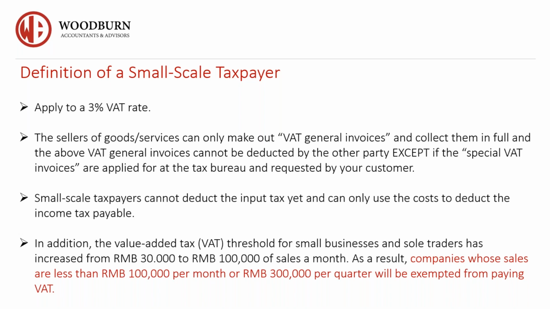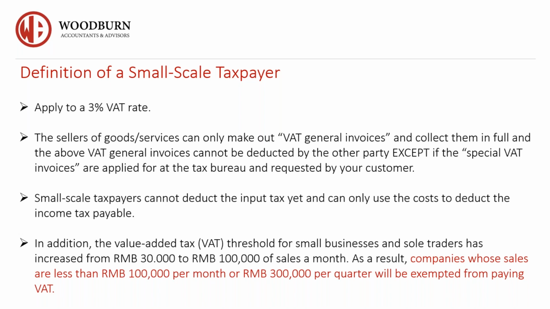So you will still be able to issue the invoices and you are required to issue the invoices. But if your revenue is less than 100,000 renminbi in a month, or 300,000 renminbi in a quarter, then you are exempt from paying VAT.